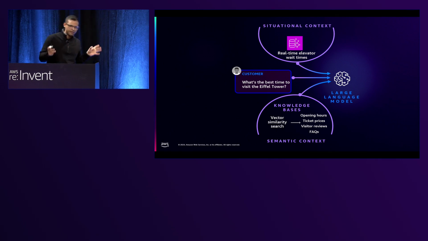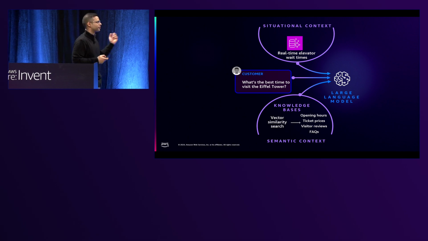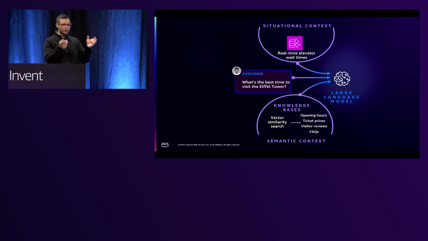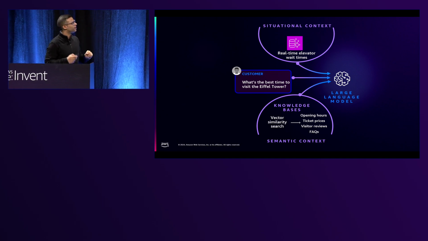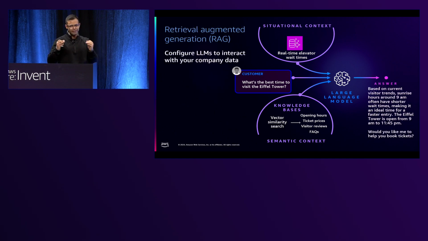This is actually the semantic context, right? There is no exact mapping to an FAQ or opening hours or a ticket price. It'll always be what is the range of window that I should visit this Eiffel Tower, what is the range of prices for these kind of tickets, etc. So that's adding the semantic context, that's adding the meaning, the intelligence, to your data. So combine all of that with this simple question, this is where we define RAG, right?